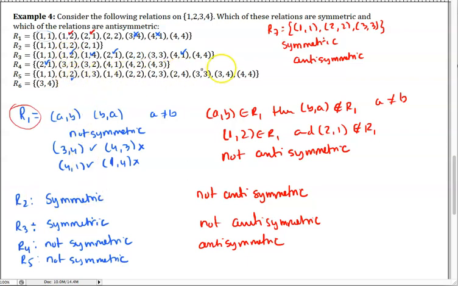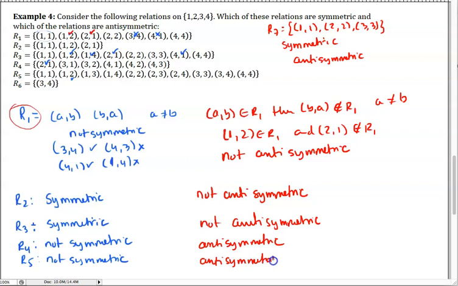So 1, 2, but 2, 1 is not in there. 1, 3, and 3, 1 is not in there. 1, 4, and 4, 1 is not in there. 2, 3, but 3, 2 is not in there. 2, 4, but 4, 2 is not in there. 3, 4, but 4, 3 is not in there. So this is anti-symmetric.